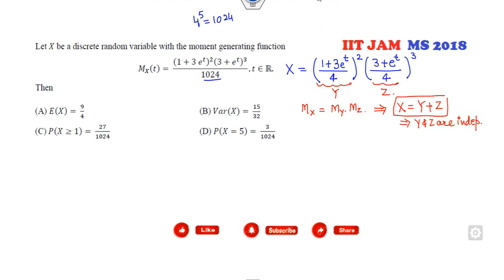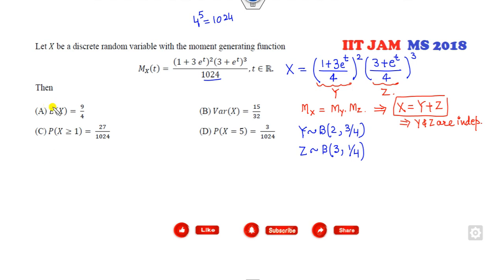Fine. Now can you find the distribution of this? Y follows the binomial distribution with n is 2, probability is 3 by 4. Z follows the binomial distribution with n is 3, probability is 1 by 4.